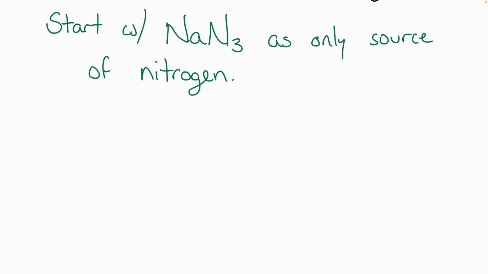All right, so if I start with sodium azide here, that implies that I'm going to be doing a Gabriel synthesis. The problem is that a Gabriel synthesis doesn't synthesize secondary amines. It only synthesizes primary amines.